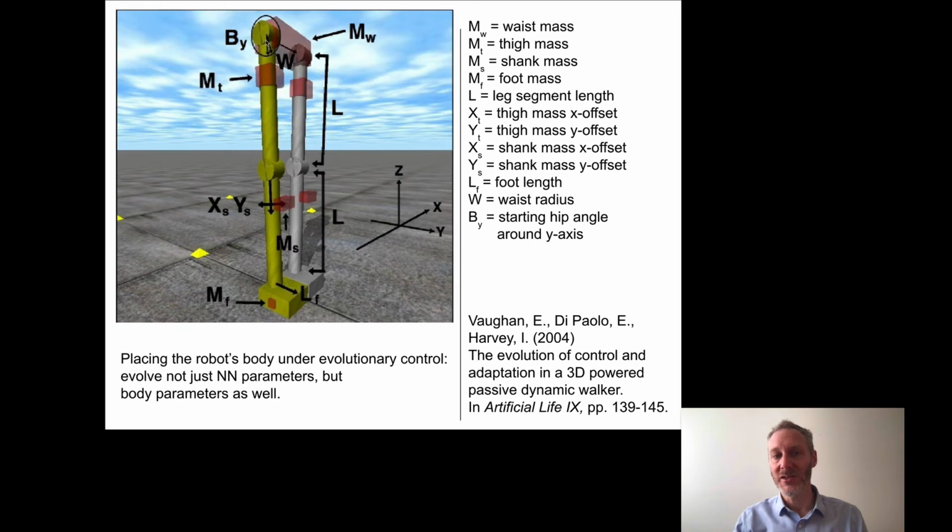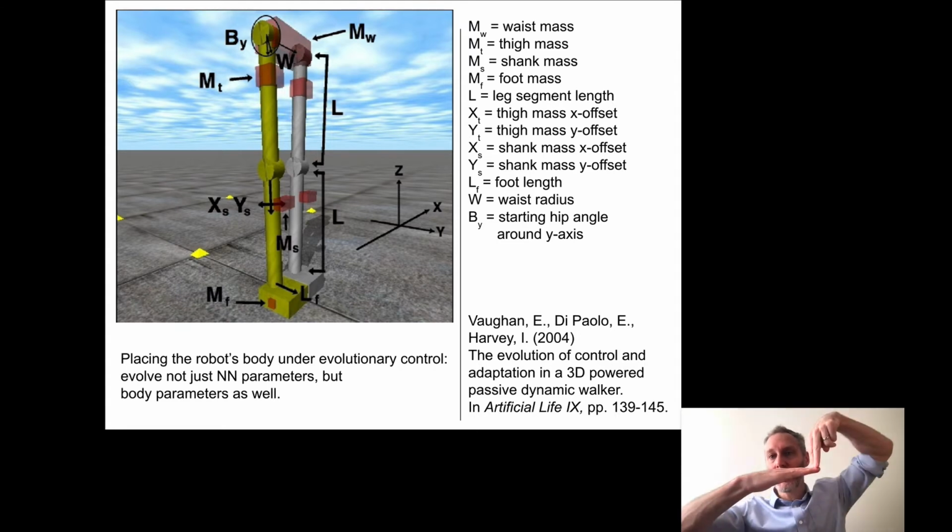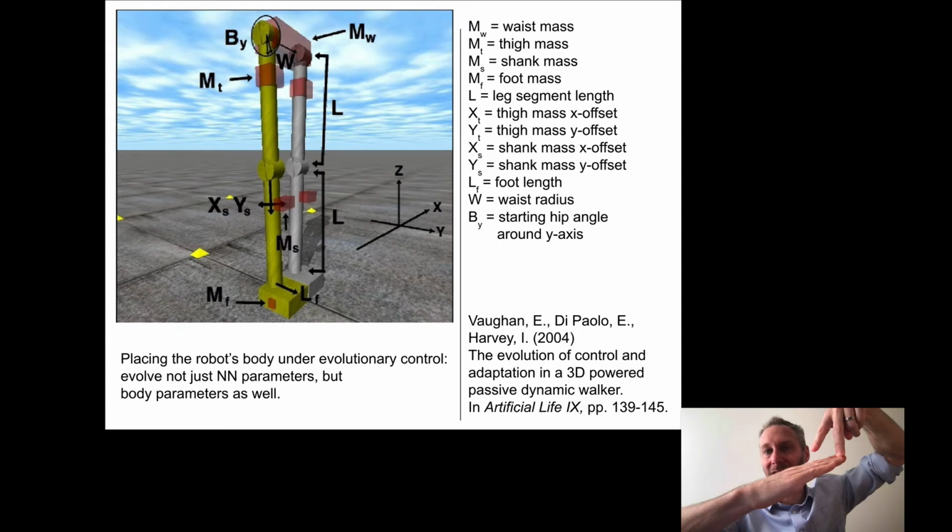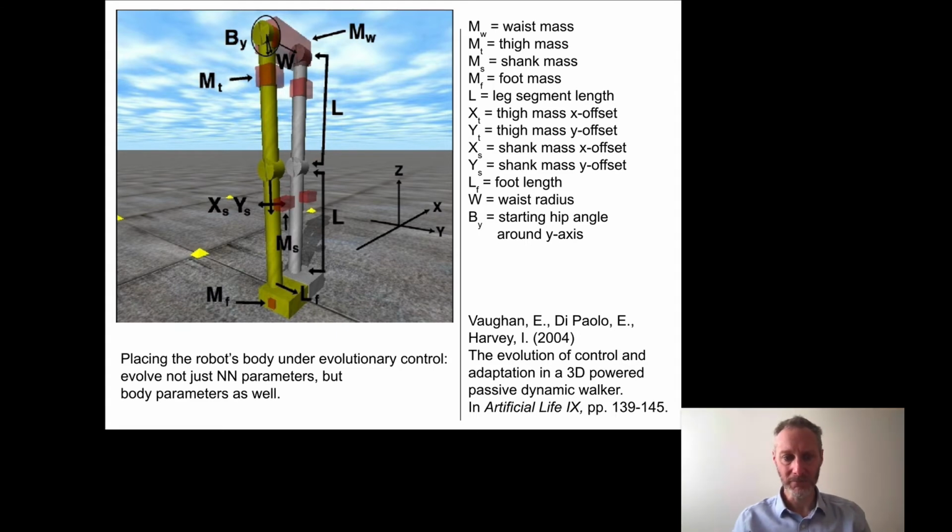They introduced B sub Y as this slight asymmetry. So when the robot starts on the declined plane, it's going to start with one of the feet slightly off the ground, but evolution can decide how much that foot should be off the ground. Okay.